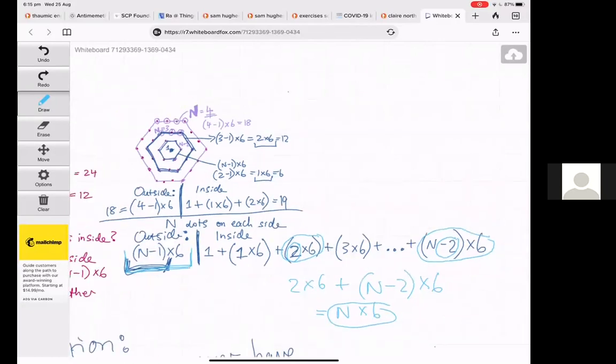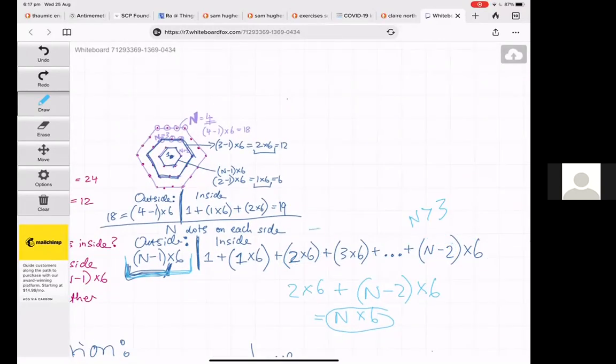Yeah, but this is where we stop when n is equal to 3. No, it's not. This is where we stop when n is equal to 4. Remember that when n is equal to 4, like this case here, the inside had 1 plus 1 times 6 plus 2 times 6, and we don't add any more.